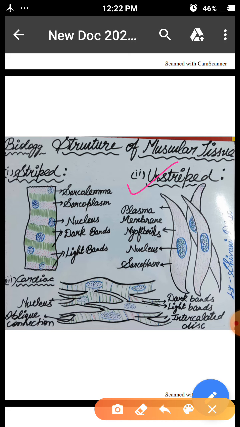There is a plasma membrane present in these tissues, whereas in striped tissue sarcolemma is present. These fiber-like structures are known as myofibrils, which are related to the synthesis of protein. They are proteinaceous fibers, and a nucleus is also present.